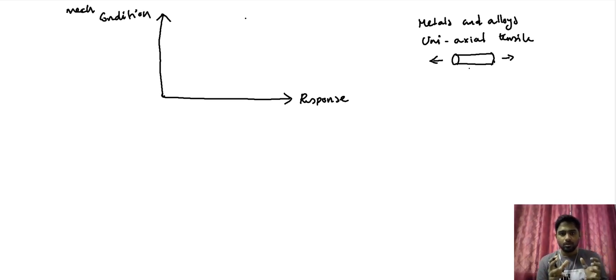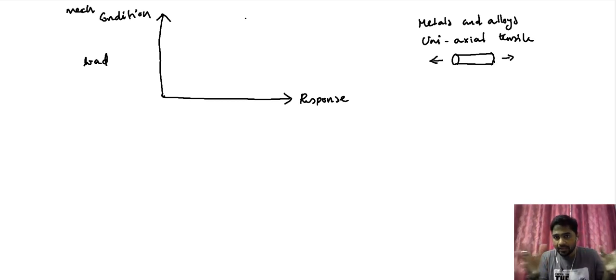Now there are several ways to quantify the mechanical condition, and mechanical condition being a force, we saw that the relevant parameter that would help us quantify it is nothing but the load. So one characterizing feature of the mechanical condition is that it involves force, and in this context we use the term load, which is nothing but the force.